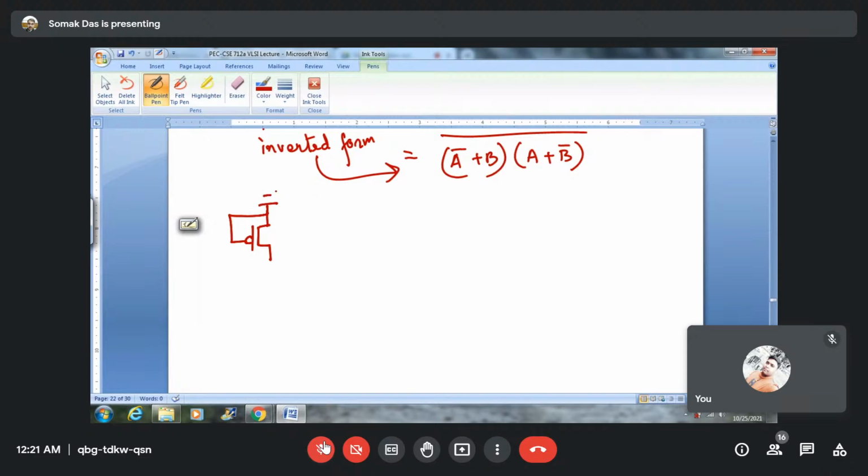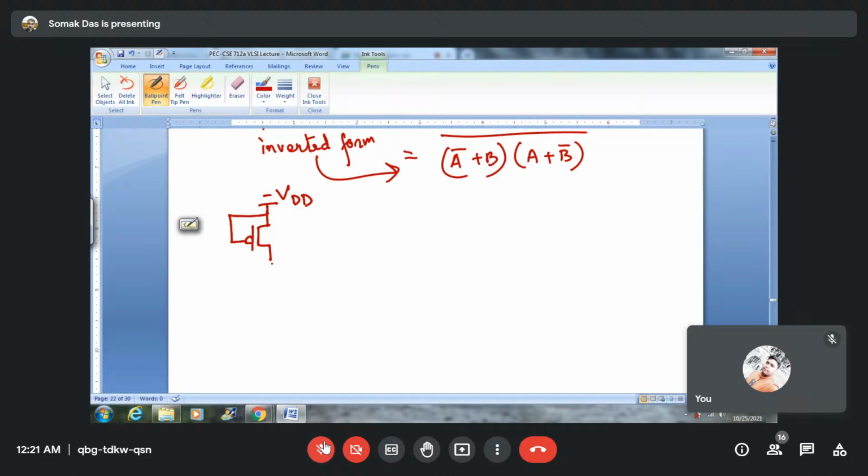It is connected with the biasing power supply, which is minus VDD. And for the driver network, we do not term it as driver transistor because there will be multiple number of transistors taking inputs of these Boolean variables. Here, there are two sub-expressions in a cascade form. And within each sub-expression, there will be parallel branching.